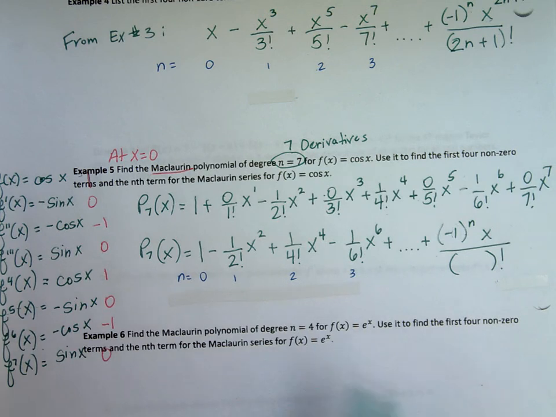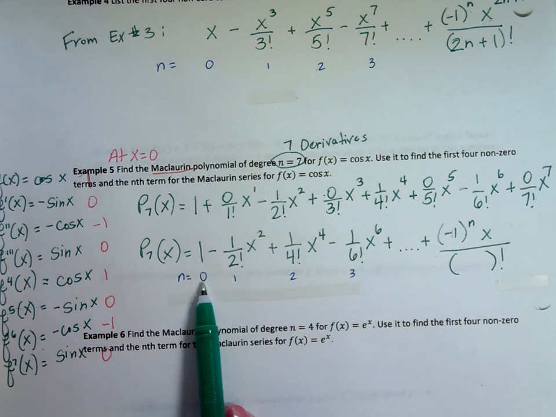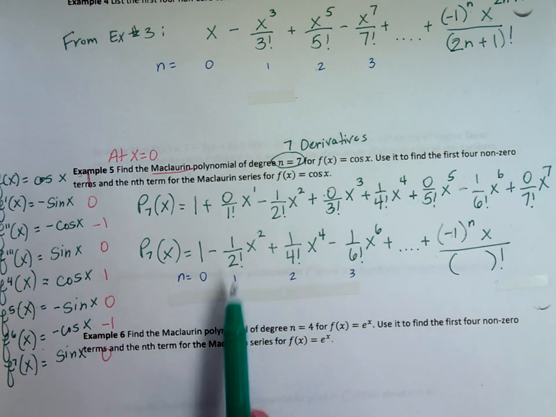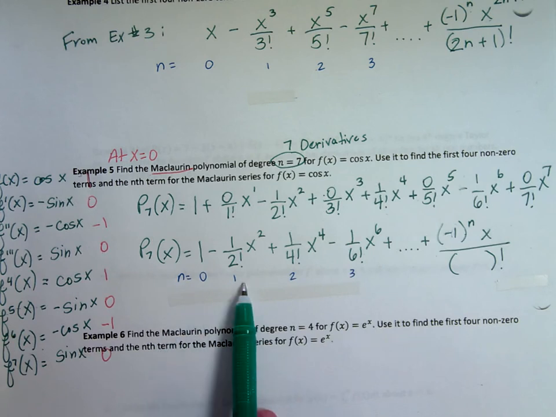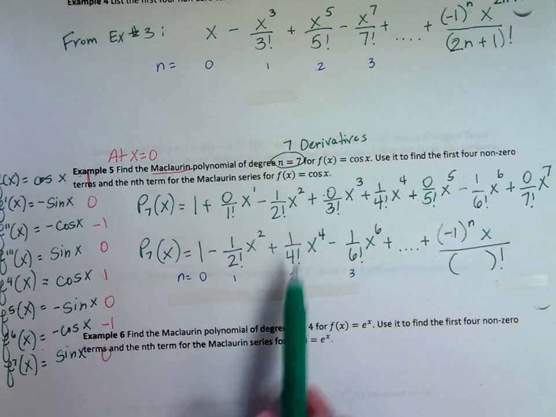My power, in order to get this 1, must be x to the 0 power. Right? In order to get a 2, if my n is 1, it could be an n plus 1. That would give me 2, right? But n plus 1 here would give me a 3. That's not what I have. So n plus 1 is not going to work.